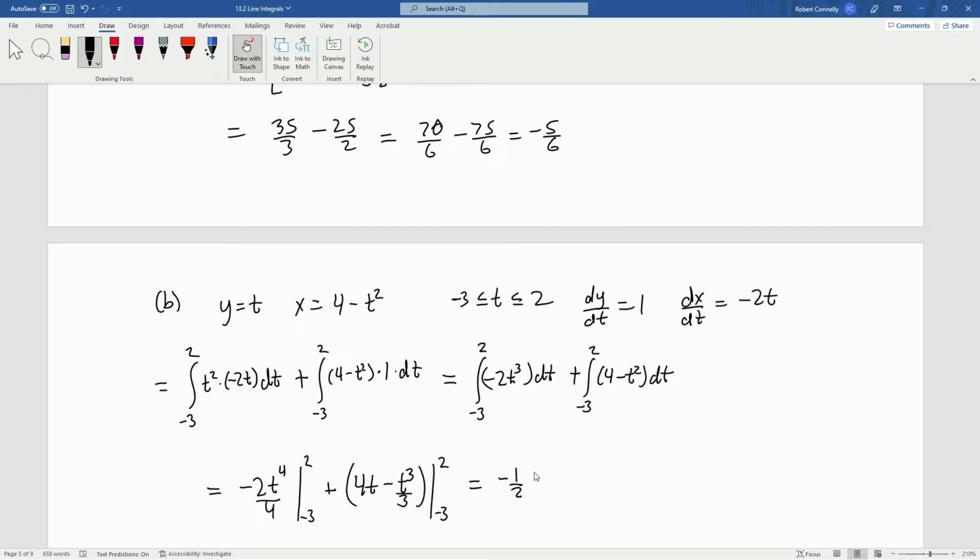And now we just need to evaluate at our bounds. So we're going to get what here?